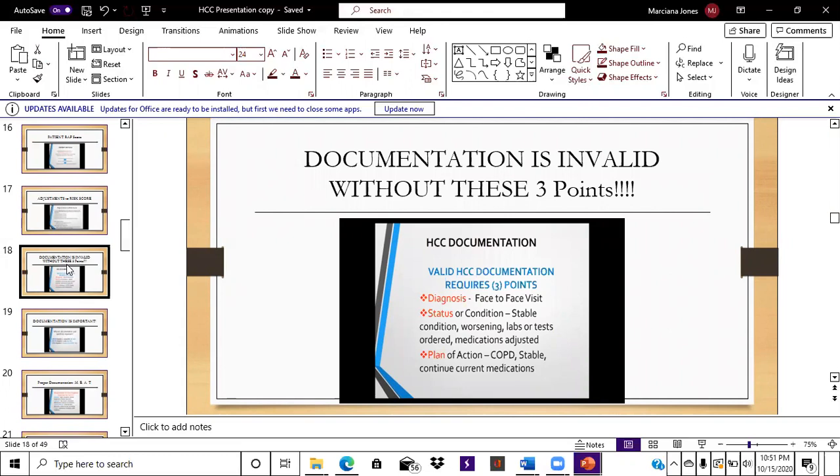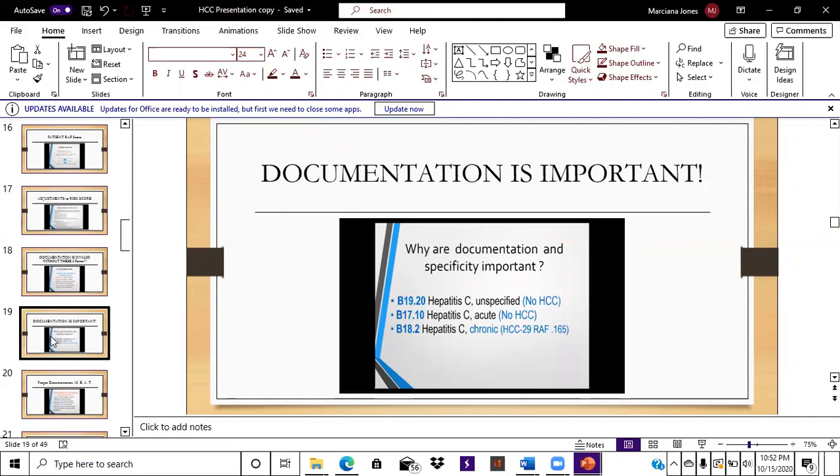Make sure your physician or the documentation says stable condition, worsening, labs or tests ordered, medications adjusted. Make sure the status is there. And three, the plan of action. For example, COPD, stable, continue current medications. Continuing the current medications is the plan of action for this patient managing their COPD.